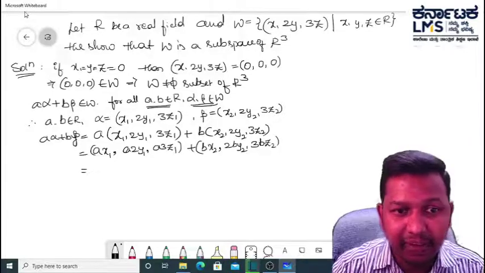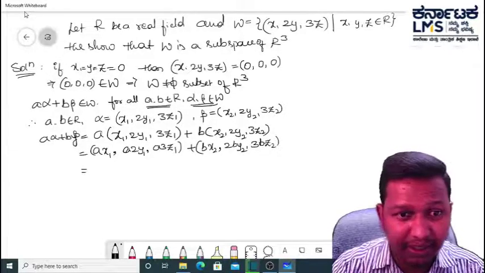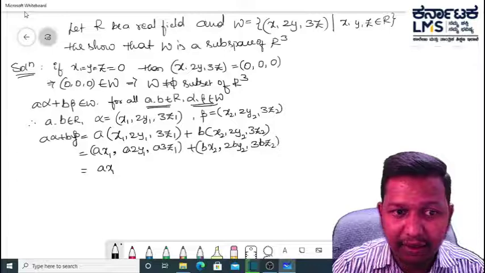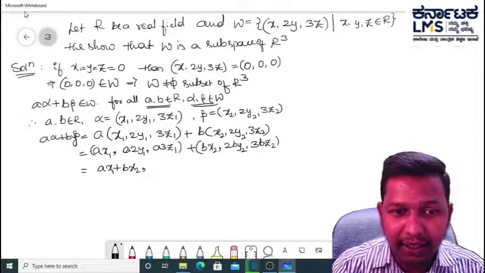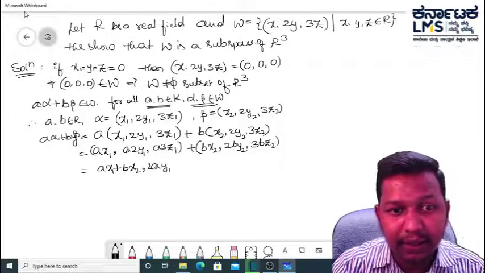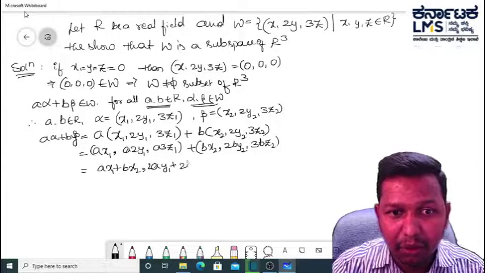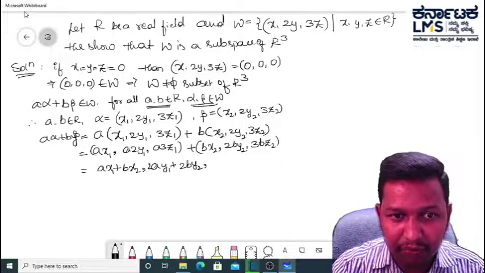Now add these two vectors coordinate-wise. I get a x1 plus b x2, next 2a y1 plus 2b y2.